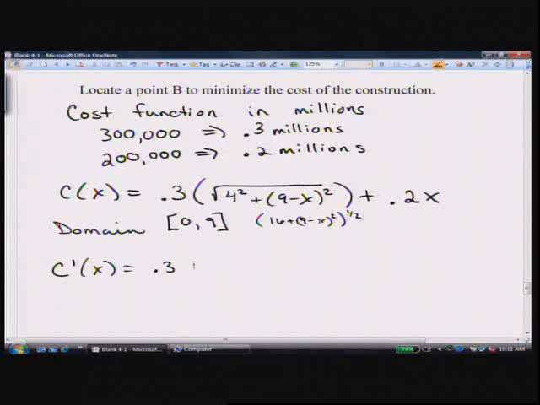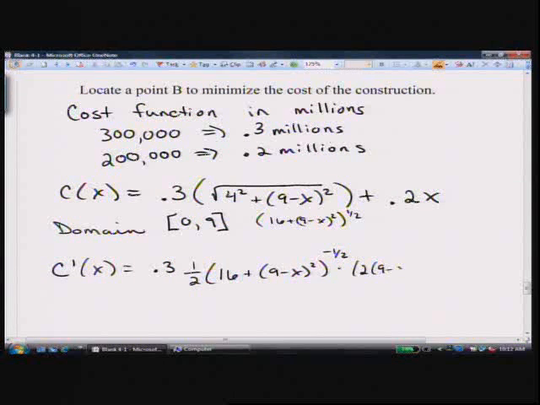So that's going to be 1/2 times 16 plus 9 minus X squared to the 1/2 minus 1, which is negative 1/2, times the derivative of the inside. This is 0. And then the 2 will come in front, 2 times 9 minus X, and then to the 2 minus 1, which is just 1, and then you have a negative 1. Y'all see that derivative? It's kind of tricky. It's a serious chain rule.